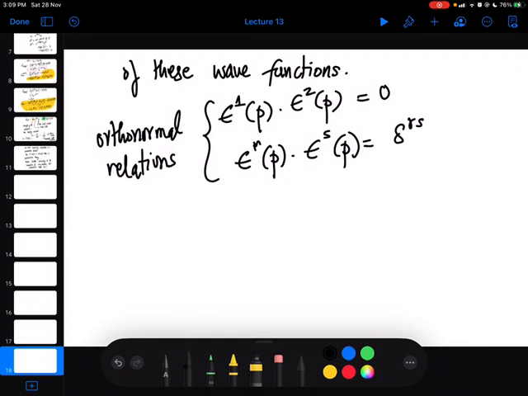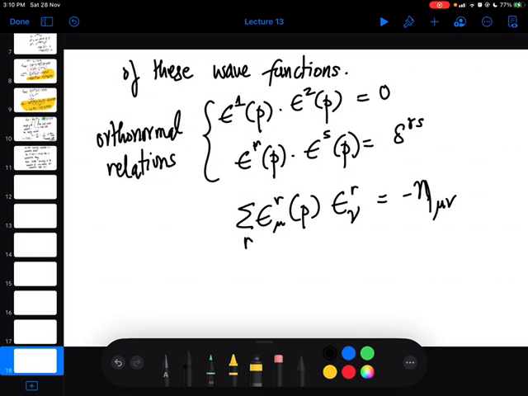Then you have the other condition, that the sum over all r of epsilon mu of p times epsilon nu of r is equal to eta mu nu.